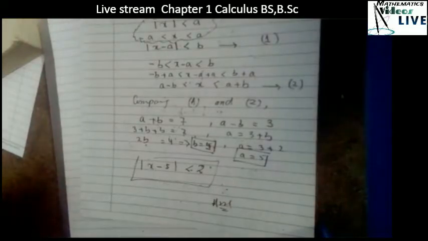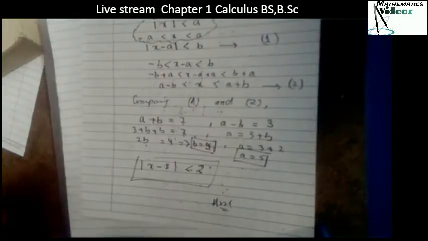Now we will solve question number 5. This is quite similar to this question. In question number 5, you're given that delta is greater than 0 and a is in the set of real numbers. You have to prove that a minus delta is less than x is less than a plus delta if and only if mod of x minus a is less than delta.